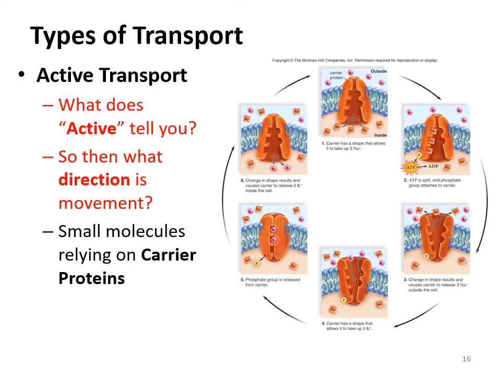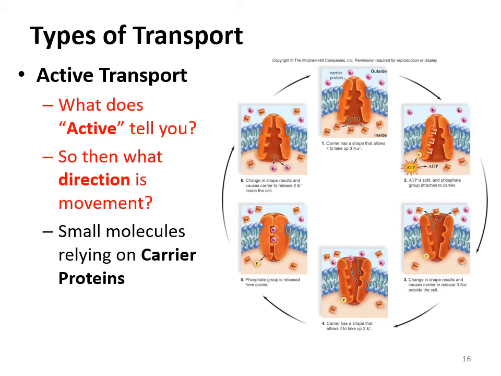And if that natural gradient is high to low, that means that active transport is moving solutes from low concentration of solute to a high concentration of solute. Okay, so for instance, if the solute is low outside of the cell, high inside of the cell, well, you would be moving more of them to the outside, even though there's already a lot there.